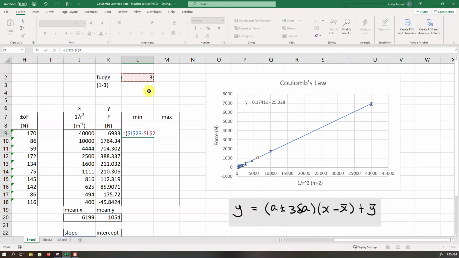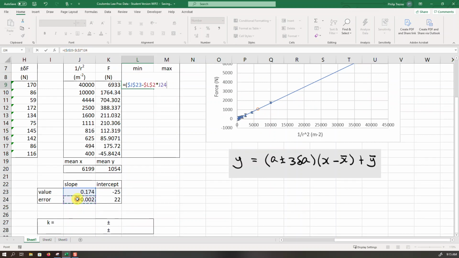Again, dollar signs, multiplied by the uncertainty in the gradient, that's delta A, dollar signs, close the bracket, multiply by. Now the x here is a variable. That's the value of x in this row. No dollar signs for it.